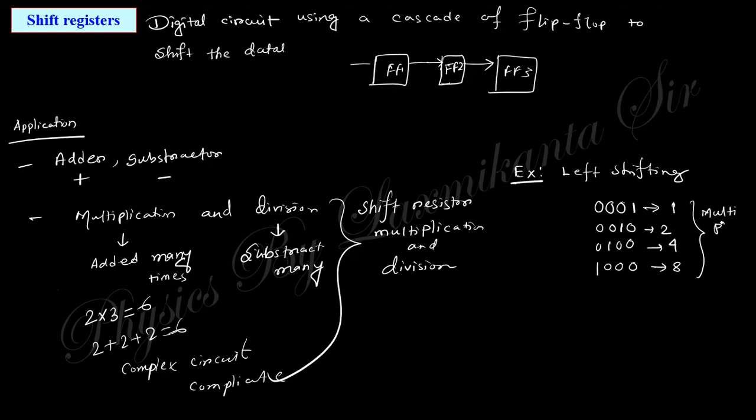For right shifting, suppose you shift towards the right. This is 8. Right shifting, you will get 4. Right shifting, you will get 2.